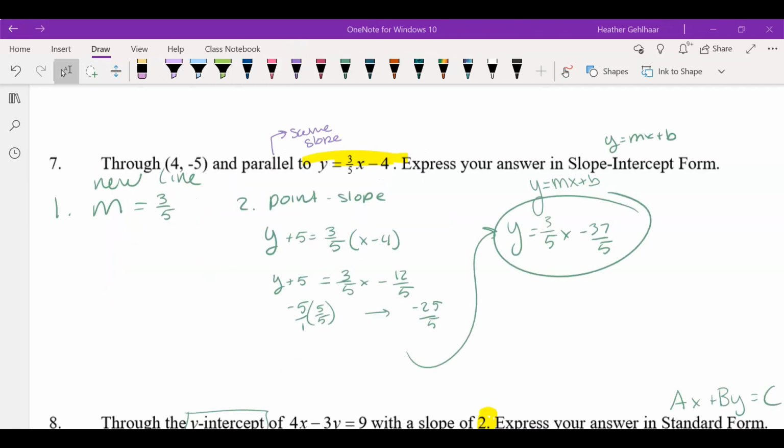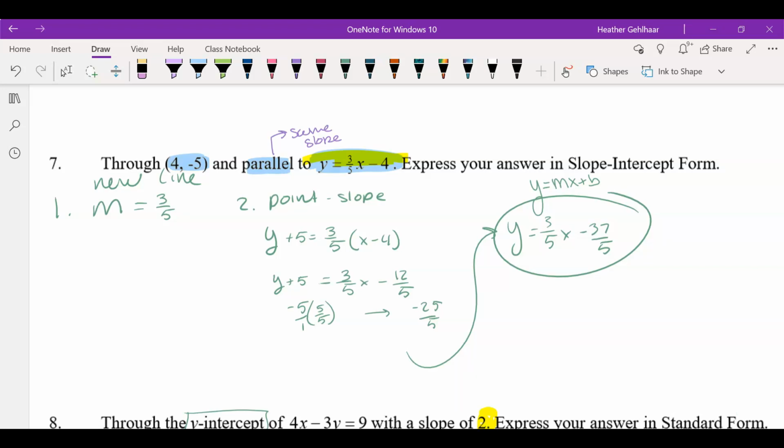Okay, so this next question here, I'm going to walk you guys through it. It says through this point and it's parallel to this line. Express your answer in slope-intercept form, which we have here. Now, it's asking for us to go ahead and find the equation, so we need to find the slope.